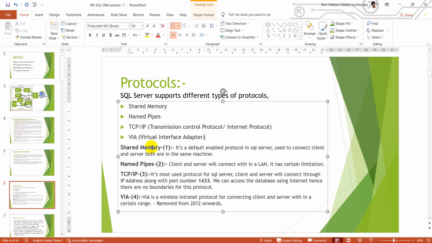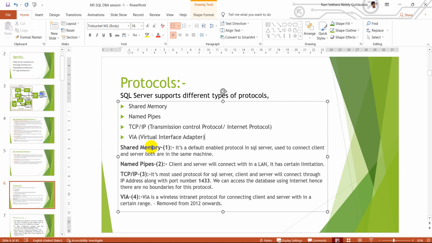Okay, and the next one is VIA. The idea of the VIA protocol is that it is simply a wireless intranet protocol for connecting the client and server. So it also has a limitation. For example, if we have a company with 10 floors and the Wi-Fi is connected on the first floor, we can access the database server and application server on the first floor only.